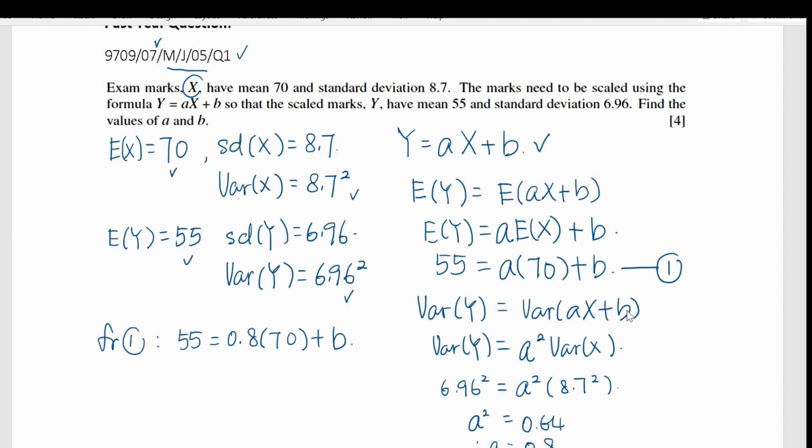Sub in the value of a as 0.8. Hence, the value of b is negative 1. So we have answered the question, found the values of a and b, where a is 0.8 and b is negative 1, simply using the mean and variance formulas.